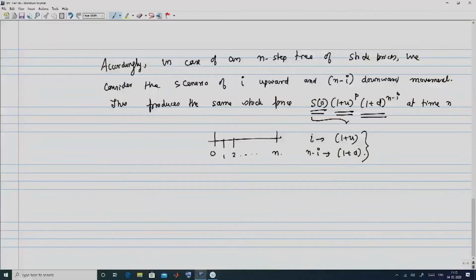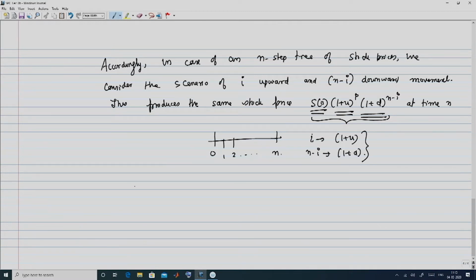So, generically if you are looking at n steps and you start off with S0 and you want to see what the stock price is going to be at the end of n steps, where between 0 to n you have I number of up movements and n minus I number of down movements, this is what you are going to end up with, S0 into 1 plus u raised to I into 1 plus d raised to n minus I.